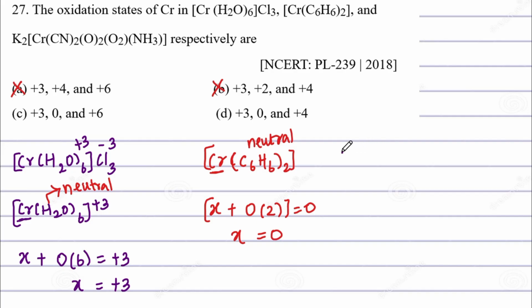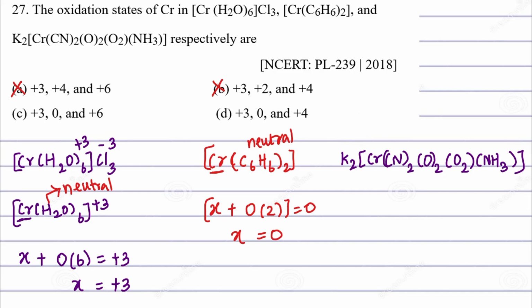The next compound is K2[Cr(CN)2O2(O2)NH3]. Outside the coordination sphere, potassium atom is given. One potassium atom will have the charge of +1, two potassium atoms will have the charge of +2.